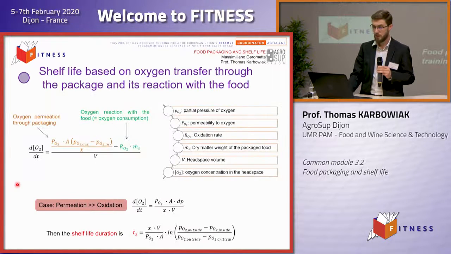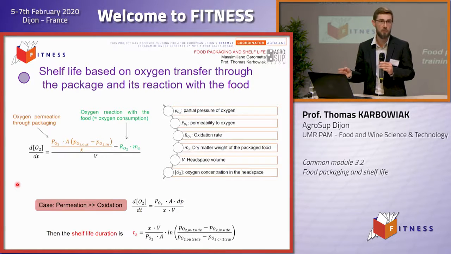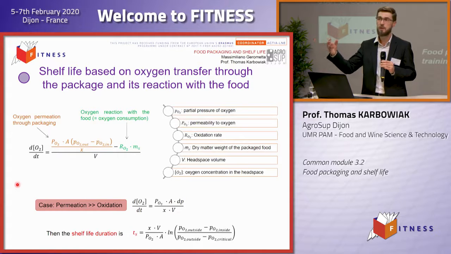And after, you can do the same thing with oxygen, but I will not detail that. It's much more complicated with oxygen, because this is the same concept: you will have the oxygen entering in contact with the product, your packaging being the barrier to that, and then you will have reaction of oxygen, so oxidation of your food product. And you will have to combine both the permeation equation, the mass transfer equation, and then reactivity with your food product.